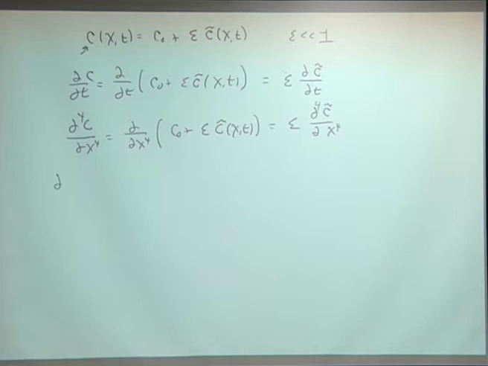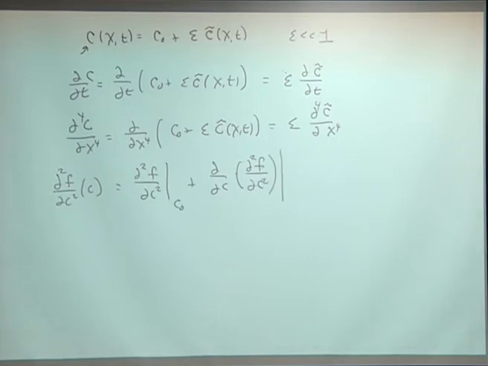So you have the partial of f, the second derivative is some function of composition, and you write that as a Taylor series expansion plus the partial with respect to c squared. By definition, the Taylor expansion is evaluated at C0 times C minus C0.